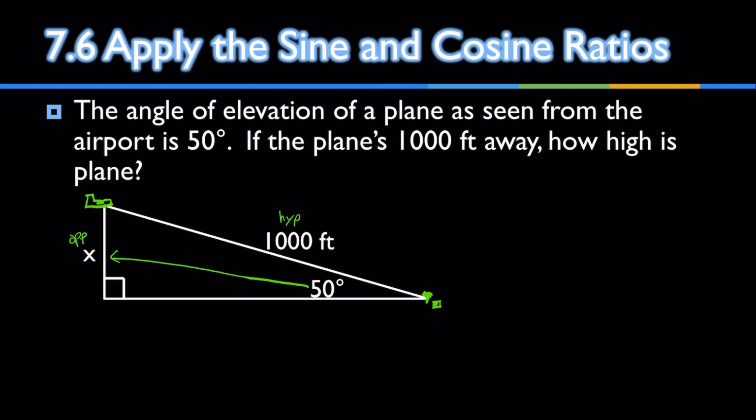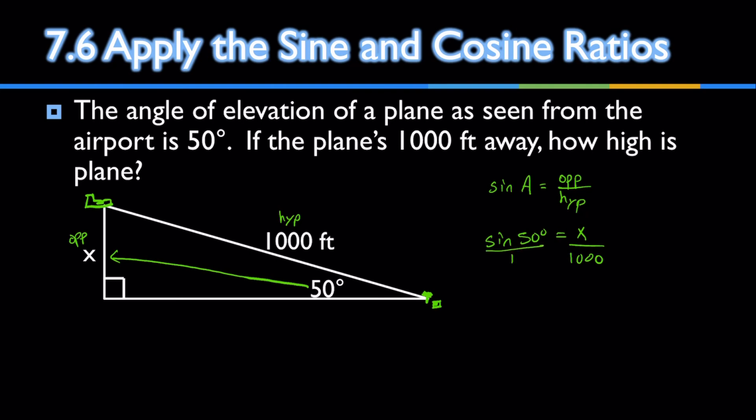Opposite and hypotenuse, which is that? Is that sine, cosine, or tangent? That's right. It is sine again. Will it always be sine? No. Just my examples happen to be. Sine is opposite over hypotenuse. So I have sine of 50 degrees is the opposite, x, over the hypotenuse, 1,000.